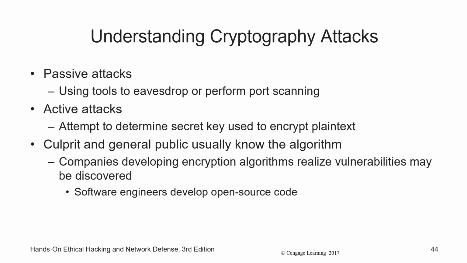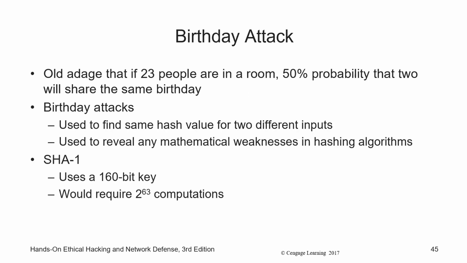The algorithms are generally public. There are some commercial algorithms that are proprietary, but for the most part, you can figure out what the specific math in the algorithm is. The issue is, if you don't know the key, you can't decrypt, for the most part, unless you find a vulnerability within the algorithm itself.